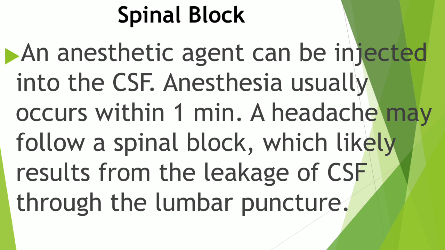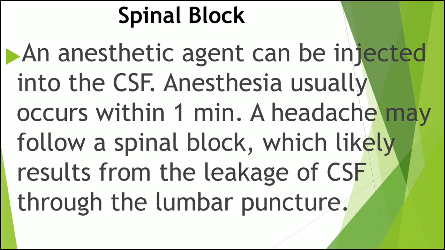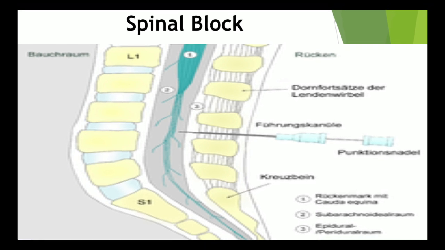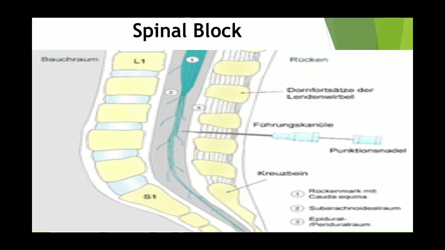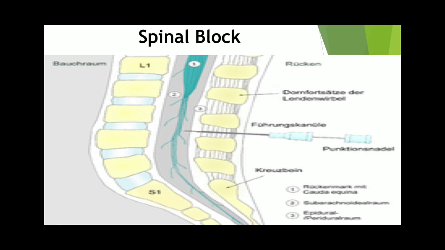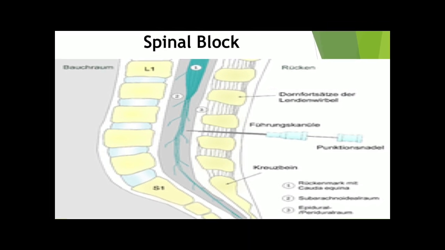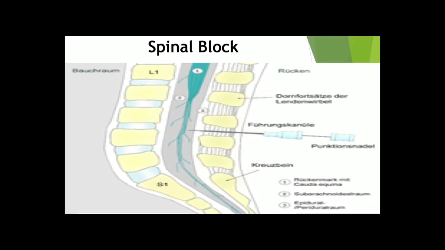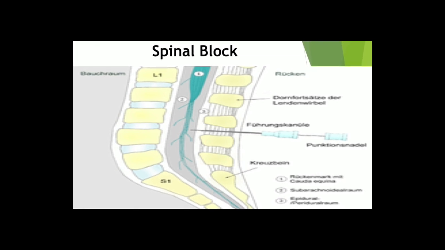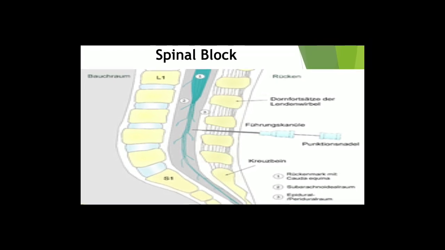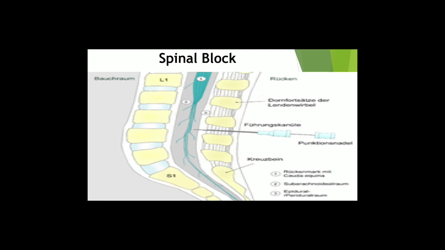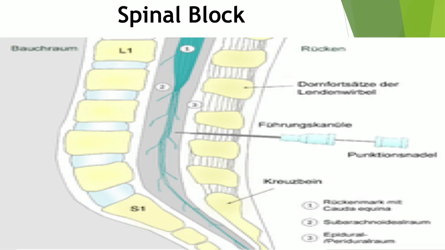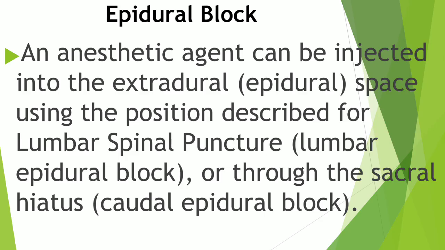Because of that, you might have what? Some form of headache. Right here is an illustration of the spinal block. So you see how the needle goes in. You can see the needle inserted right there into the subarachnoid space. So you inject the anesthetic agent into the cerebrospinal fluid.